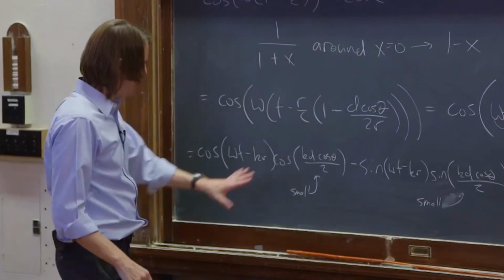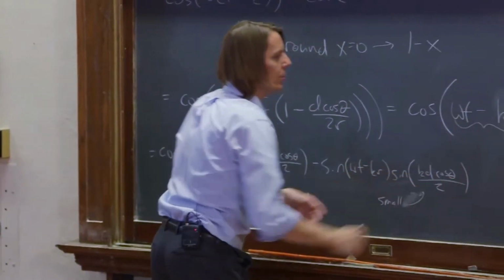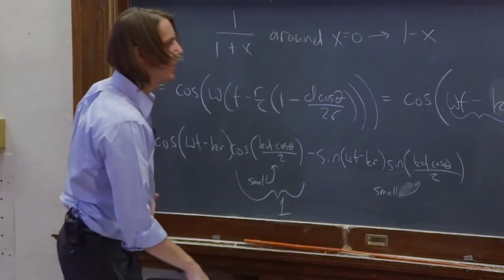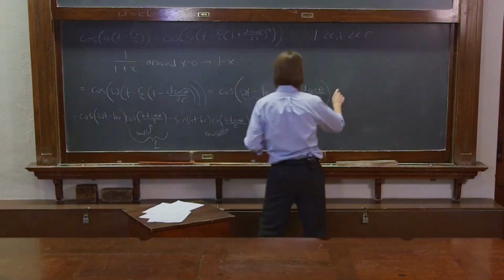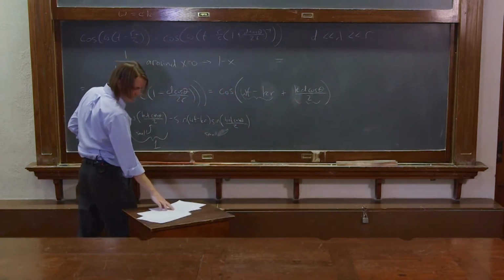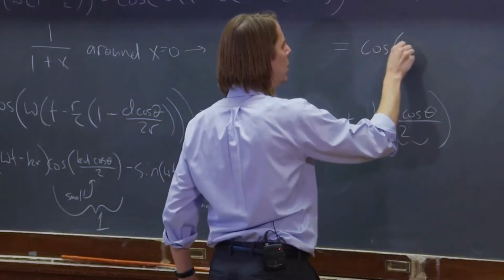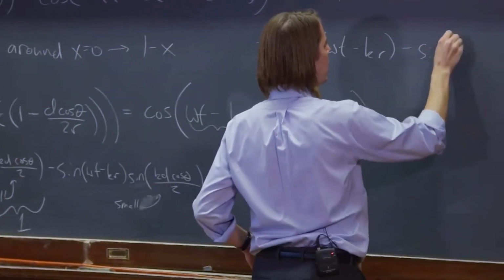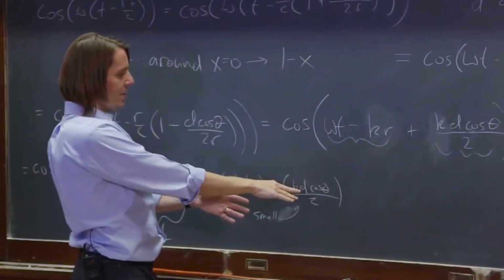So what we're going to do is say this cosine is 1, and this sine is basically the argument, just kd cosine theta over 2.